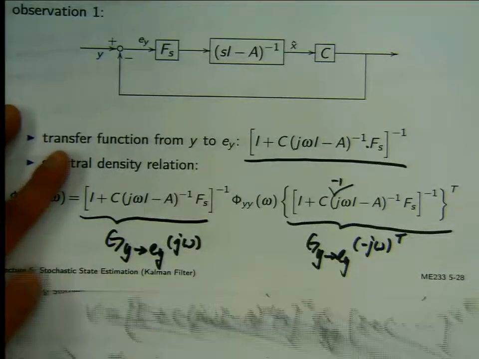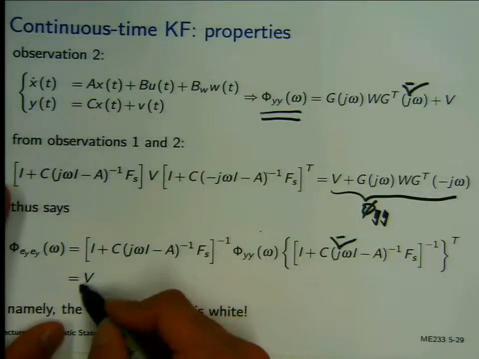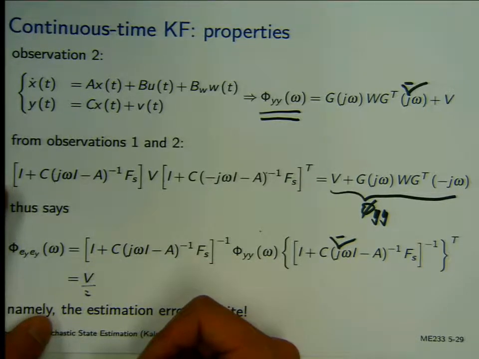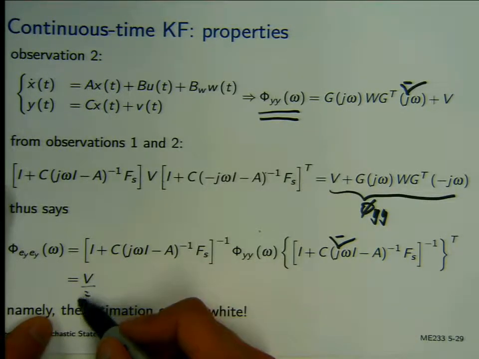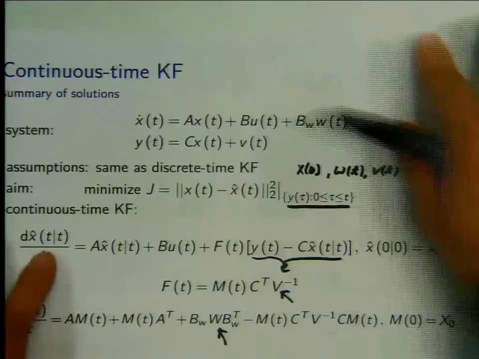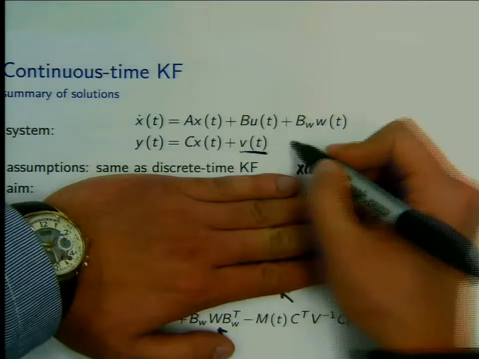Yes? Can we make it V over 2? No, that's a good question. But let me go to here. This is the noise term in the output.